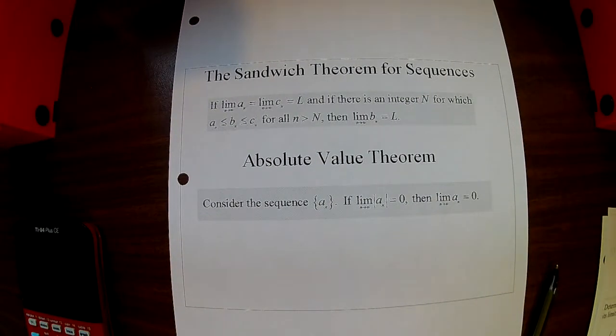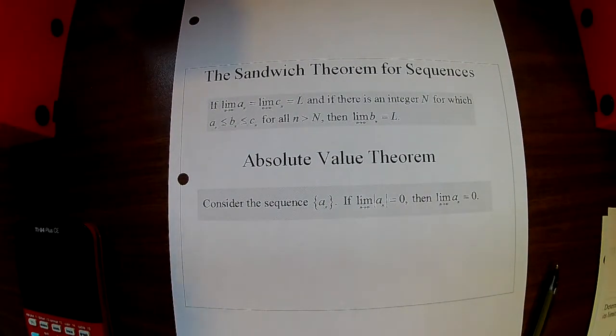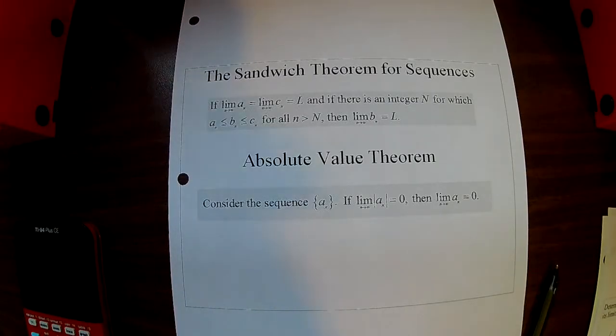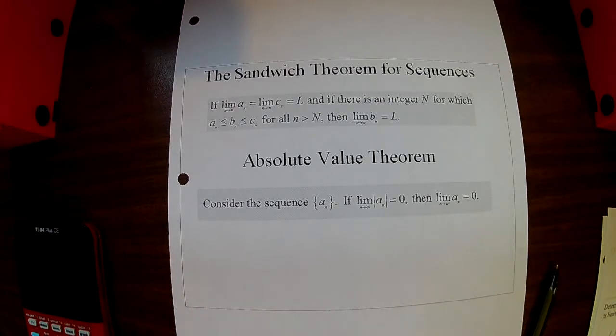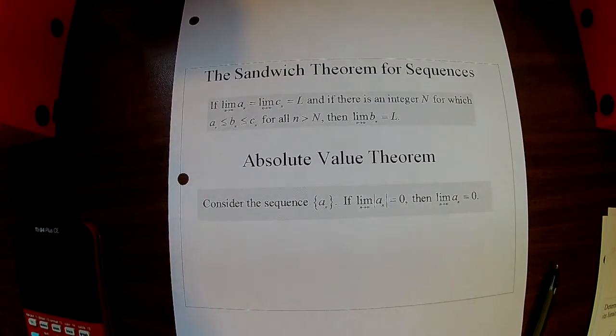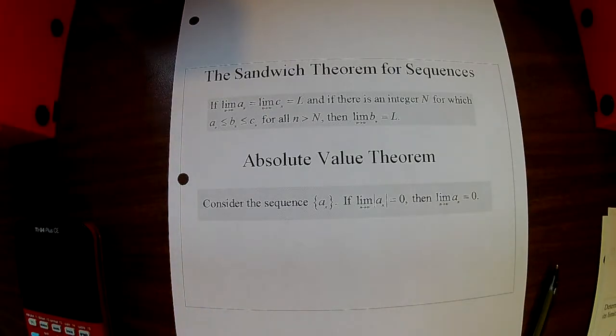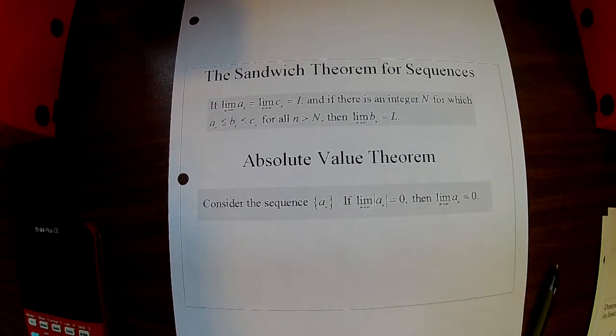Sandwich theorem for sequences. If the limit as n approaches infinity of a sub n is equal to the limit as n approaches infinity of c sub n is equal to L, and there's an integer N for which a sub n is less than or equal to b sub n, less than or equal to c sub n, for all n greater than N, then the limit as n approaches infinity of b sub n is equal to L. The absolute value theorem is for when you're dealing with an alternating sequence, you take the absolute value.